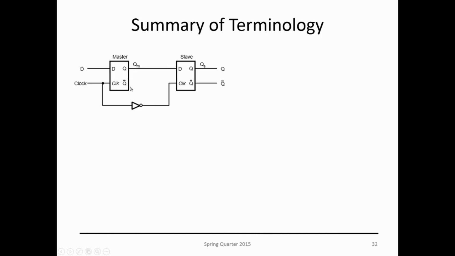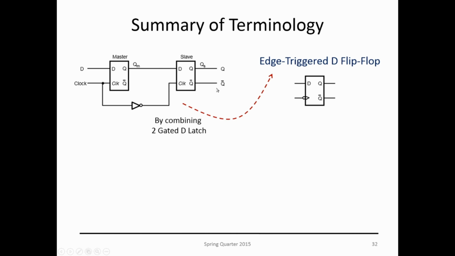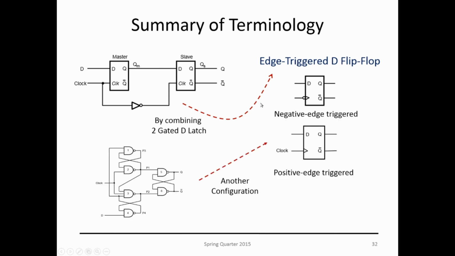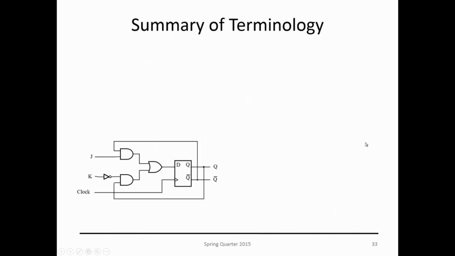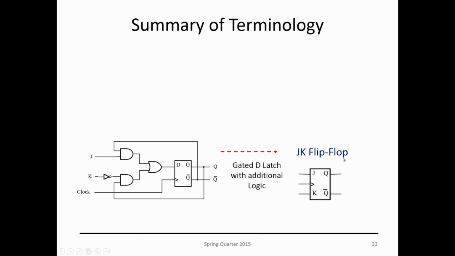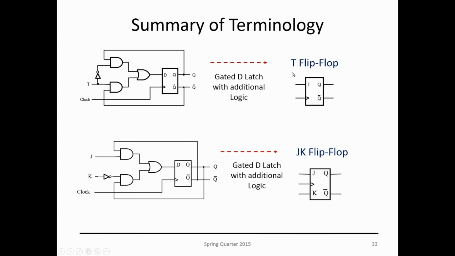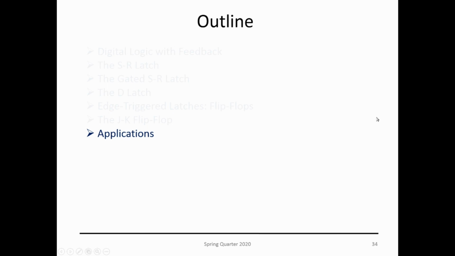From a D latch, I can build a positive edge trigger flip-flop by combining them in this master-slave combination, and they can be negative or positive edge trigger. And we finally, if we pick up those positive edge triggers and we connect with some circuitry, we can do JK flip-flops, and another family, T flip-flops, where we change the circuit connected to the positive edge trigger, and you get this T flip-flop.